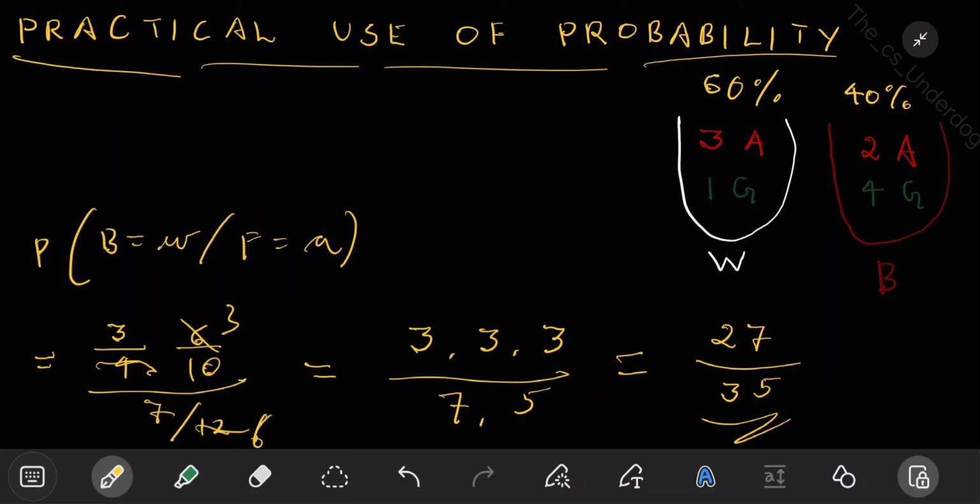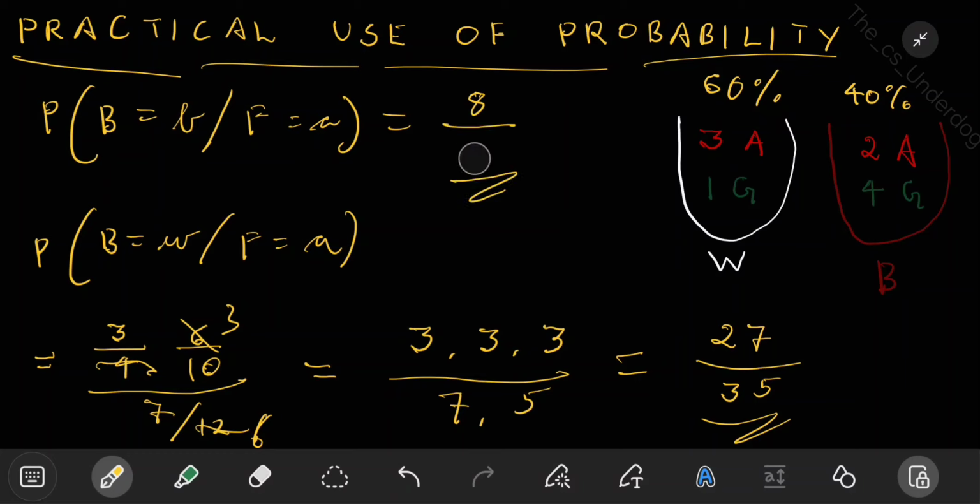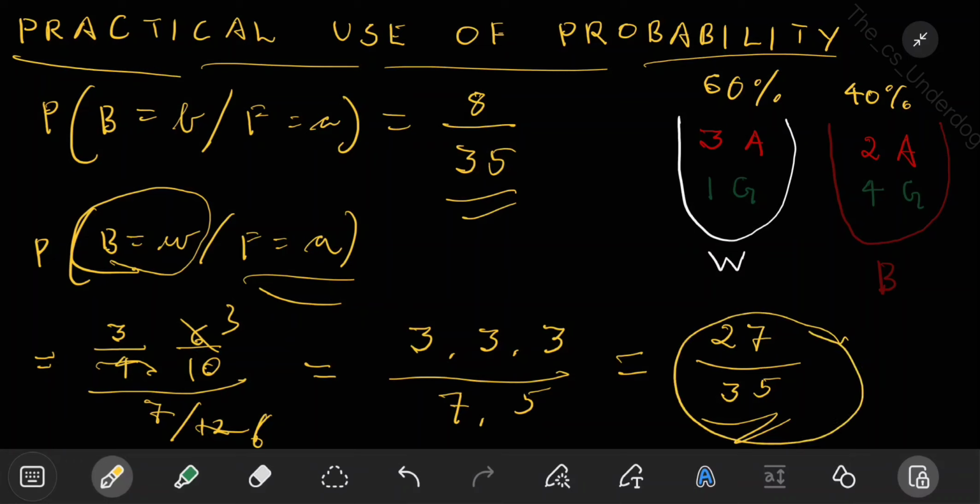In order to verify this, you can try to find probability of bag equal to brown given fruit equal to apple. If you find this, you should be getting 8 by 35. Why should you be getting 8 by 35? Because you know probability of bag equal to white given fruit equal to apple is 27 by 35.